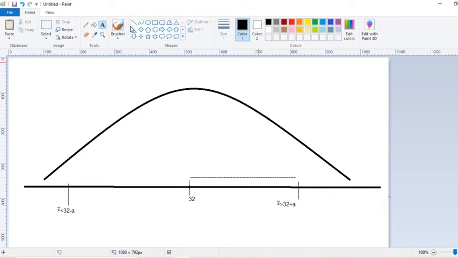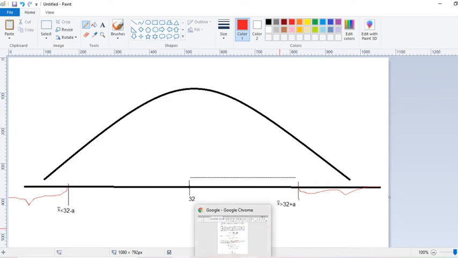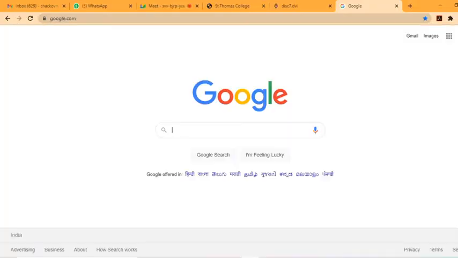If x bar comes in this region. Suppose this is 32 plus a and this is 32 minus a. So this is the region x bar less than 32 minus a. If x bar lies in these two regions, we can reject the null hypothesis. So that is our condition.